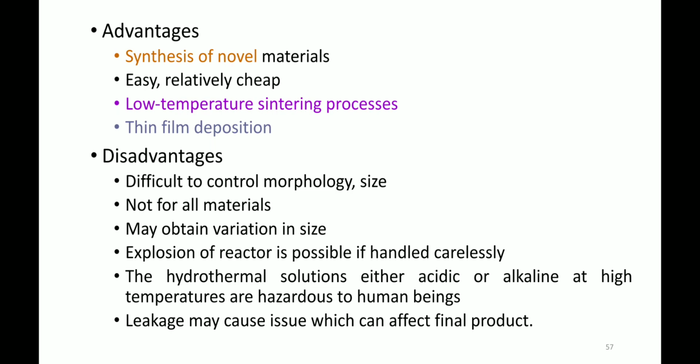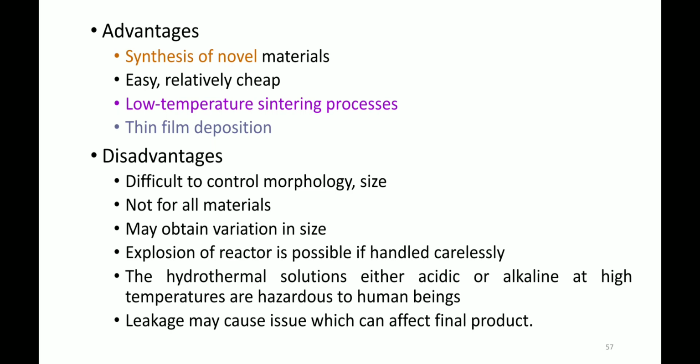A big disadvantage is that explosion of the reactor is possible if handled carelessly. If you don't tighten it properly, or if you tighten it unevenly, then there is a lot of pressure inside, which may come out, and there may be an explosion inside the oven.